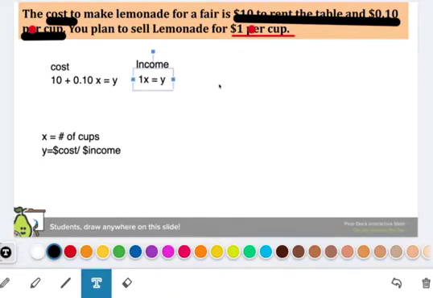And then you're going to use substitution. By that, we're going to substitute, instead of writing this Y here, we're going to replace it with this 1X and ignore this Y there.